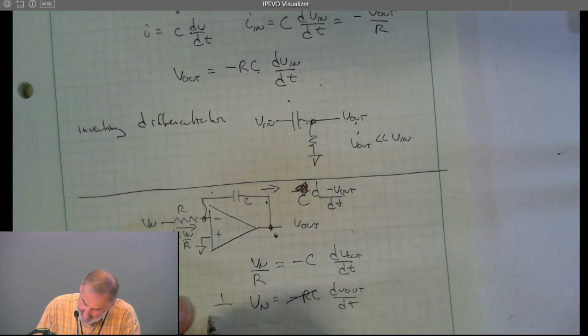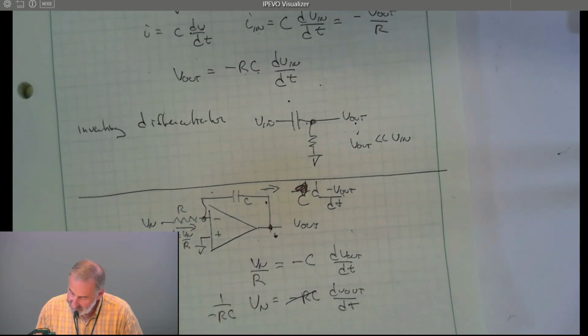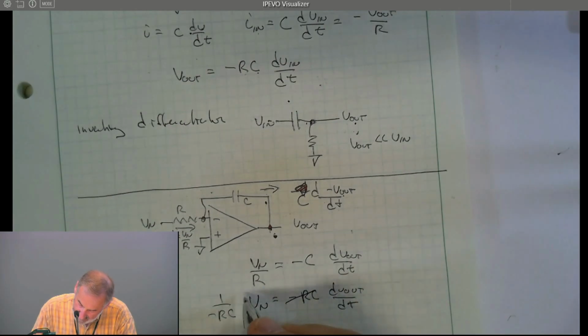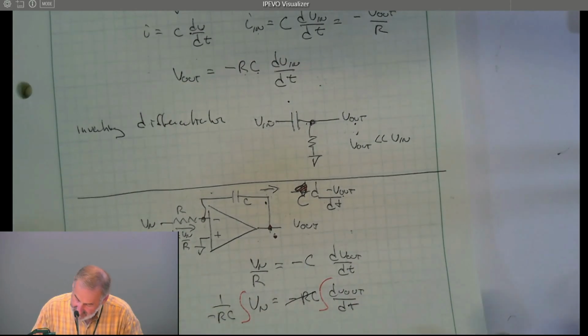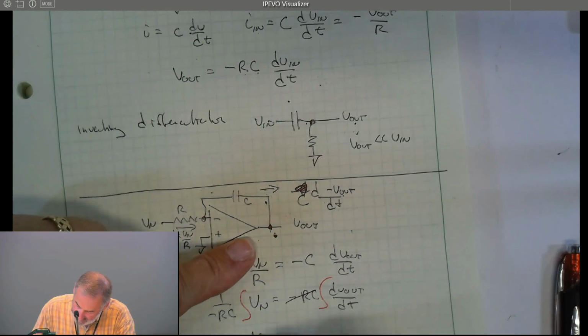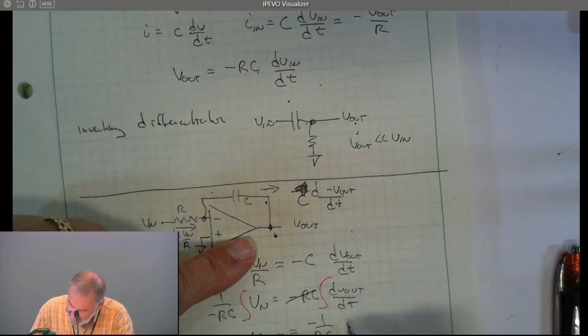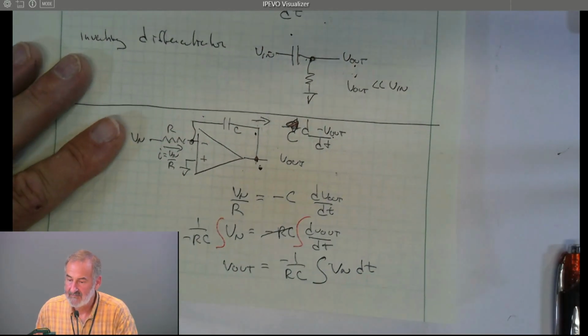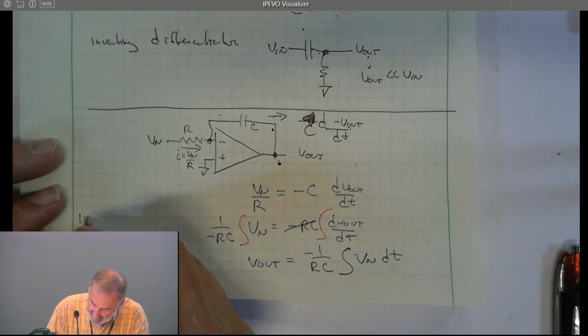We can move the minus RC over here. Now why don't we integrate both sides, and we get V out is equal to minus 1 over RC, the integral of Vn dt. So this is an inverting integrator.